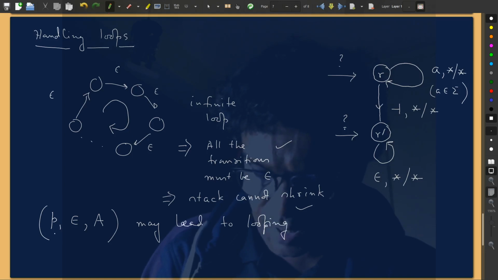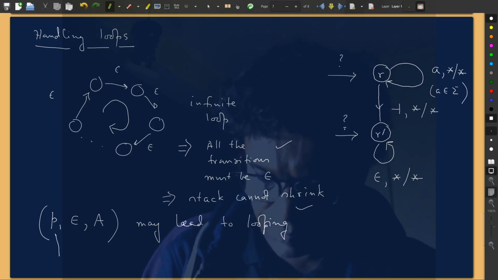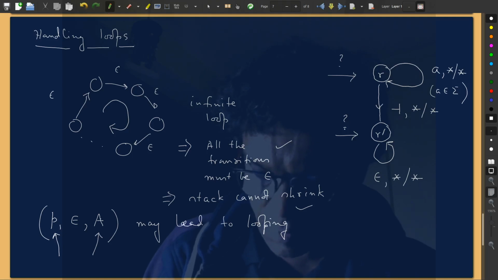There are finitely many possibilities for P, finitely many states, and the set of stack symbols is also finite. So I can make a graph of all these P, epsilon, A transitions for all possible values of P and A.